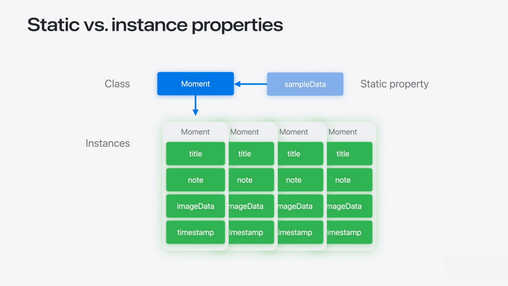Now, static means the property belongs to the type and not an instance of it. For example, my sample data is shared by every instance of the Moment class. Instance properties, on the other hand, belong to their instance. Every moment has a different title, note, image data, and timestamp.